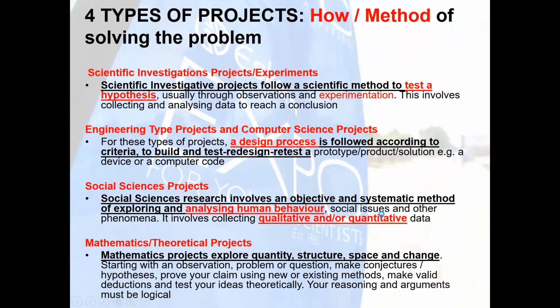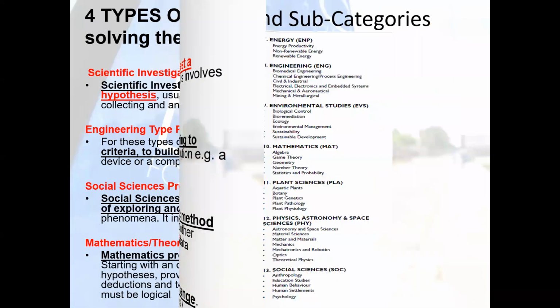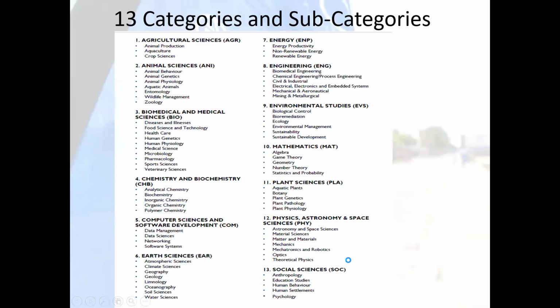Also with social sciences, we're looking at social issues that affect human behavior. Okay. We also have a social science category, right? Usually what happens is the social science type of projects fall within the social science category into one of the subcategories of anthropology, education, human behavior.